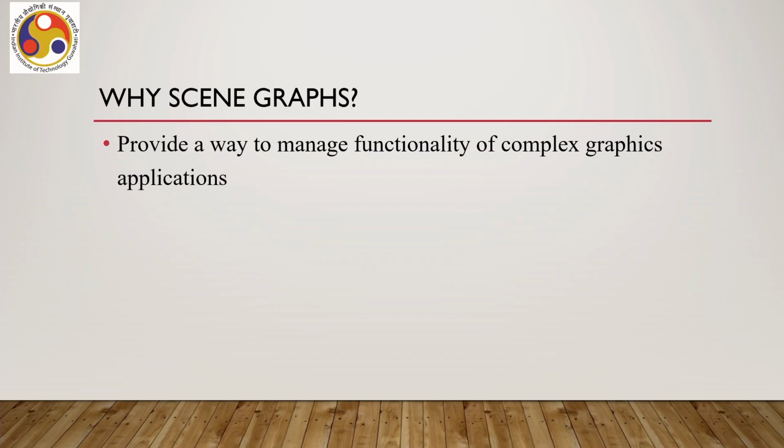So, it is actually a very nice way of representing the complexity of a scene as well as working with the complexity of a scene. So, it provides a way to manage functionality of a complex graphics application. So, scene graph based representations generally aid in graphics applications.